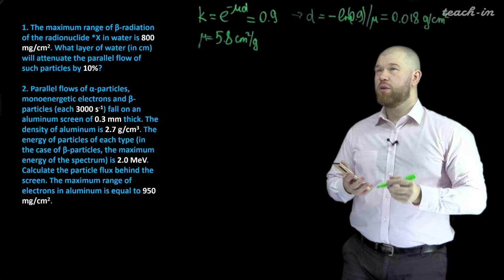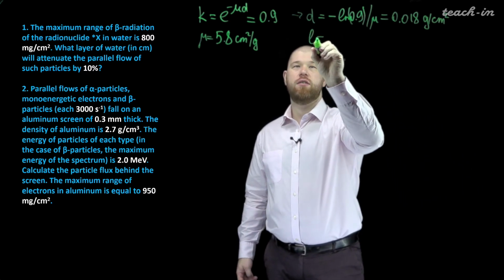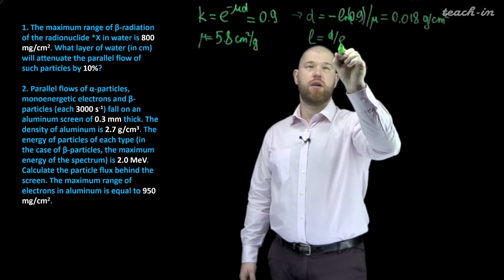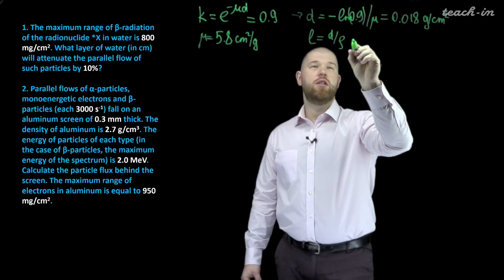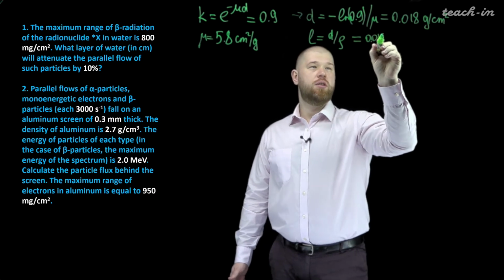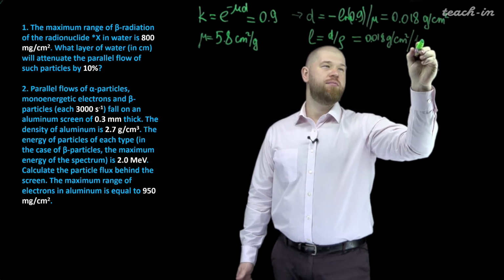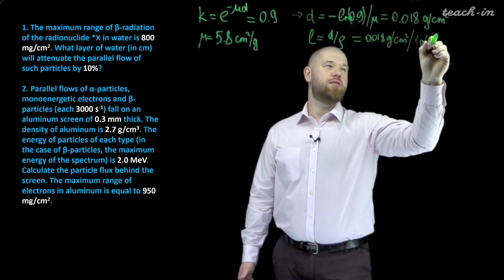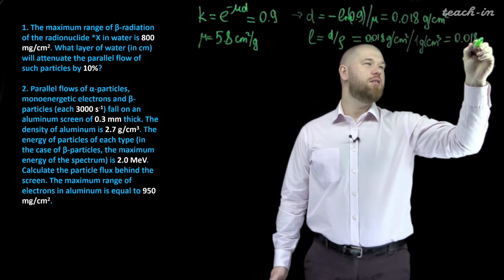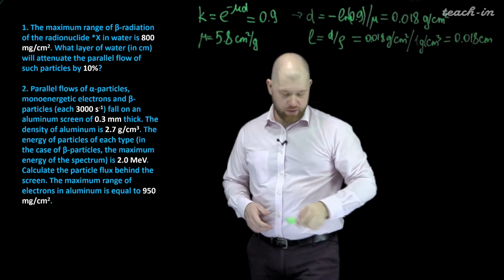And to calculate this layer in centimeters, the linear thickness, we should divide our d by the density of the material. In this case, as it is water, the density is equal to 1, and thus it will be 0.018 centimeters.